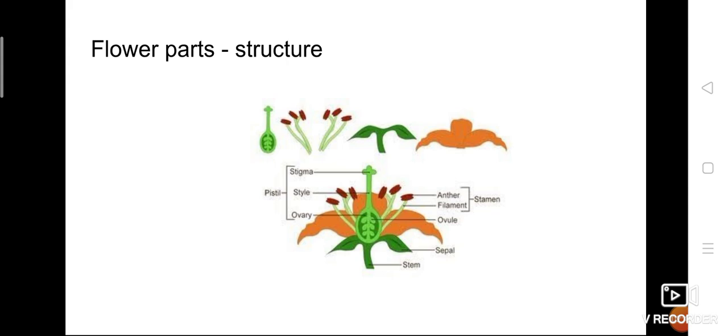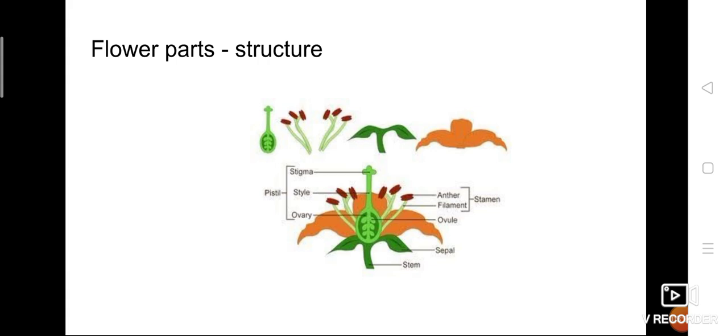Now we are going to discuss the flower parts, otherwise the structure of a flower. On the screen, what you are seeing is a generalized picture of a flower. Even though flowers come in different shapes, sizes and colors, more or less the parts are the same. Look at the flower.